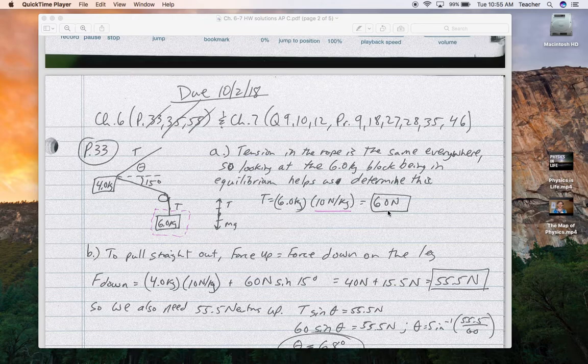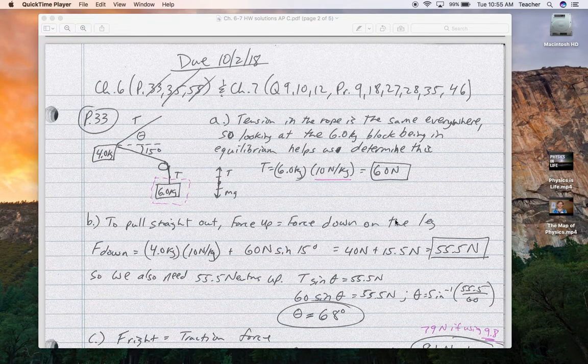If you use 9.8, it would be 58.8 newtons, and the rest of your answers would be slightly different as well. To pull straight out on the foot, which is what this traction is meant to do, we know that the force up has to equal the force down. The force down is the mass of the foot or leg multiplied by gravitational field strength, and then the component of this tension pulling down.